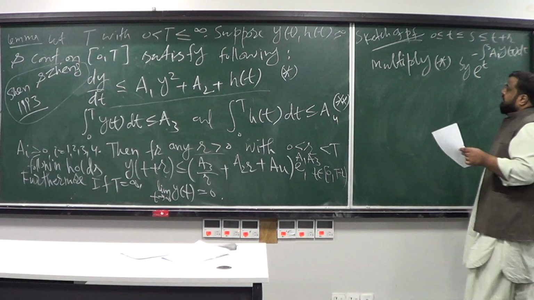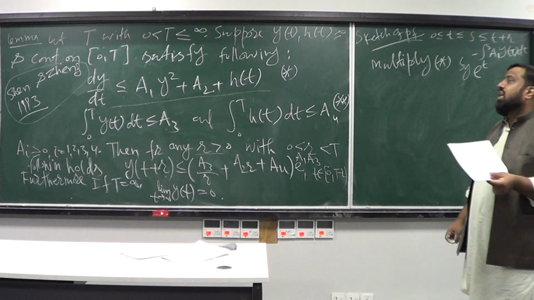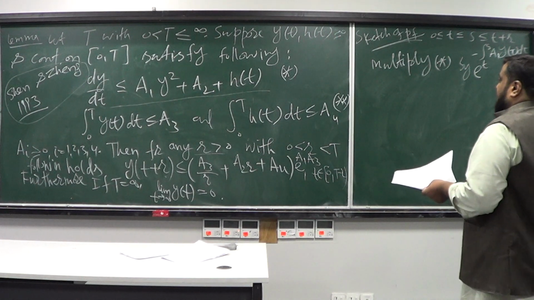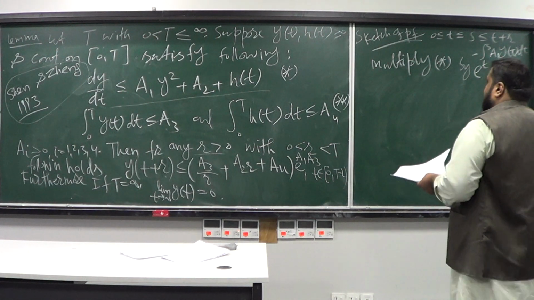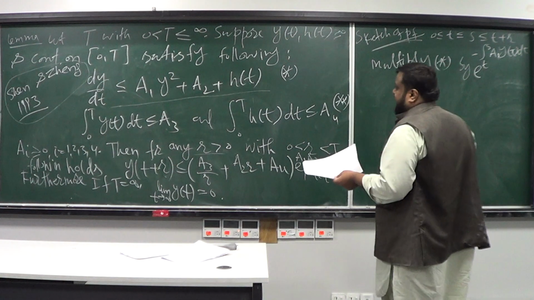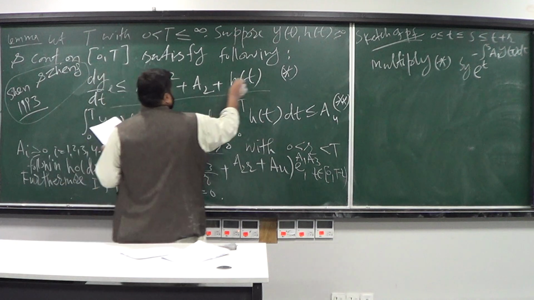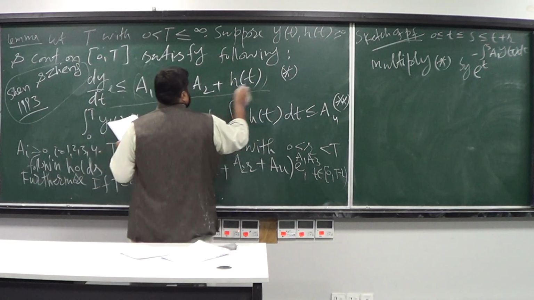Okay, so multiply both sides of this inequality by this factor. So once you multiply, let's assume that I have written this exponential here and the exponential here.